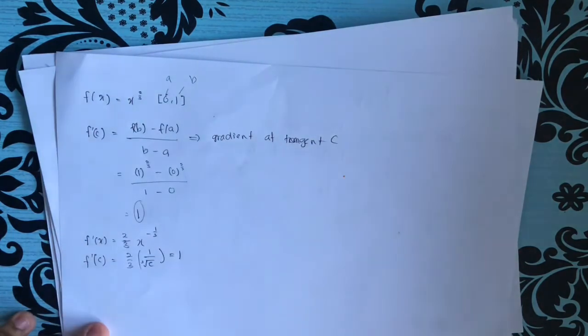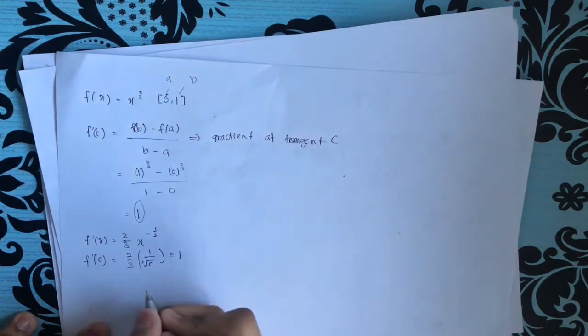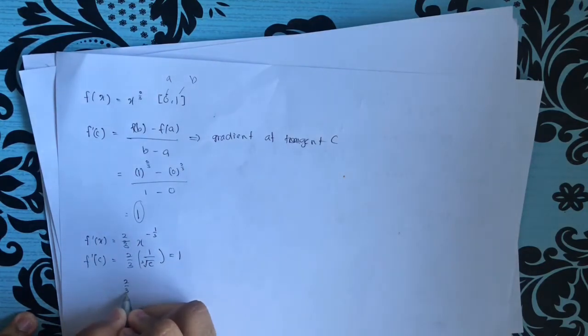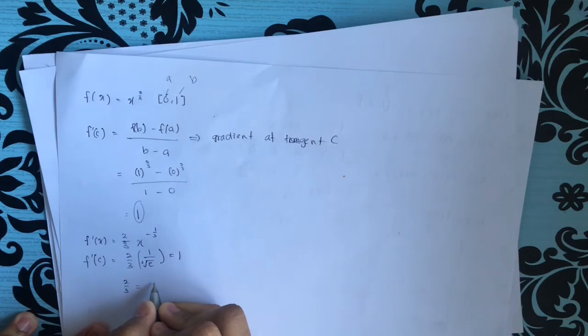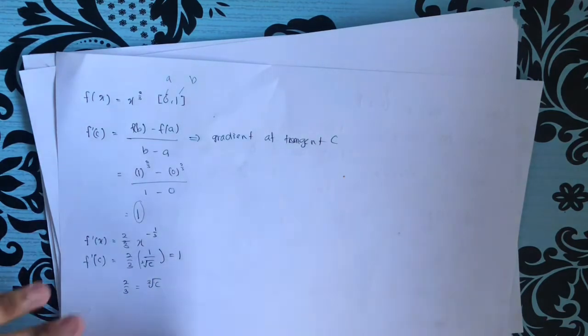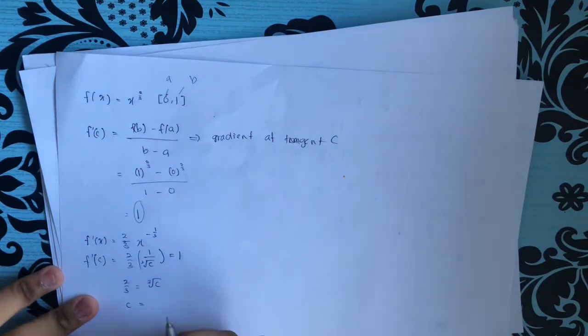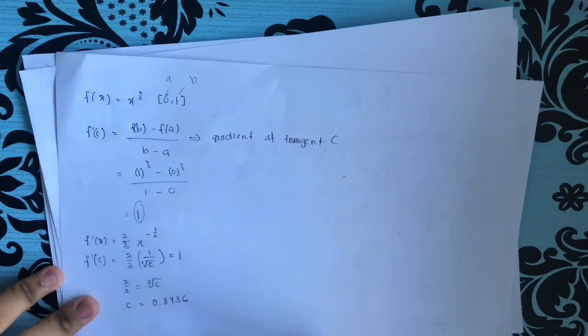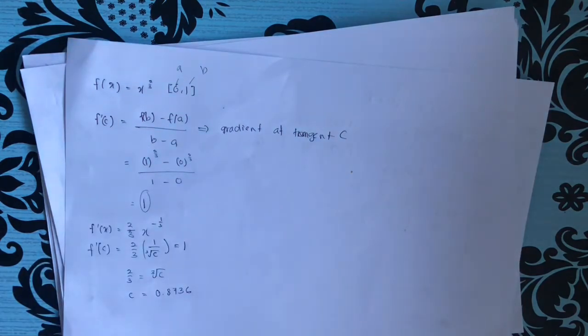Then using the algebraic method, we are left with c equal to (2/3) to the power of 3. Now we can get c. We get a decimal number, which is 0.7336.